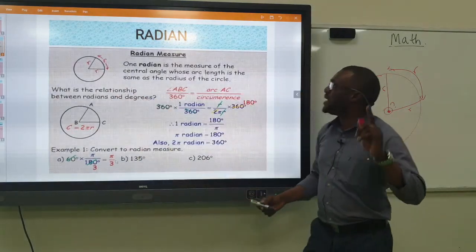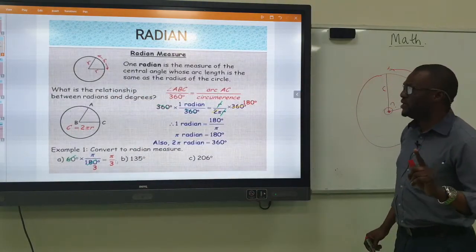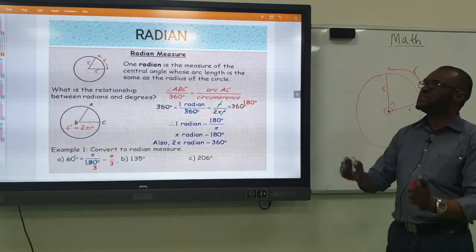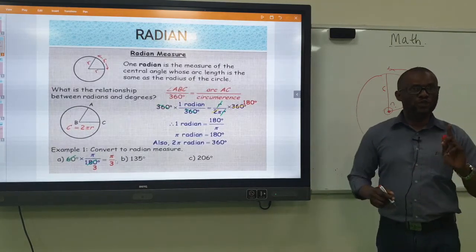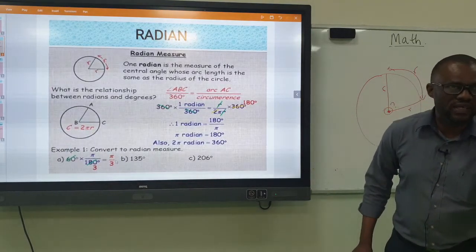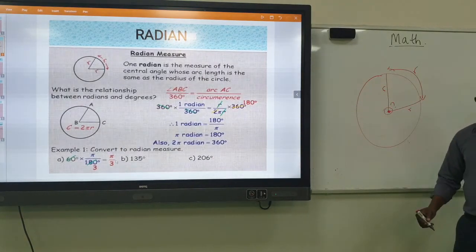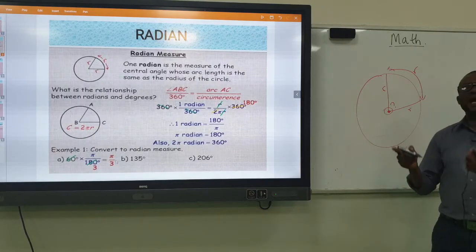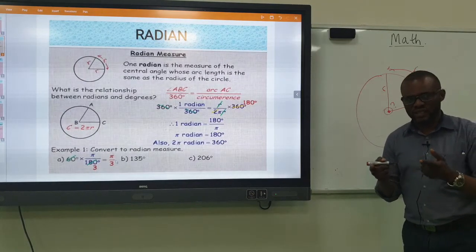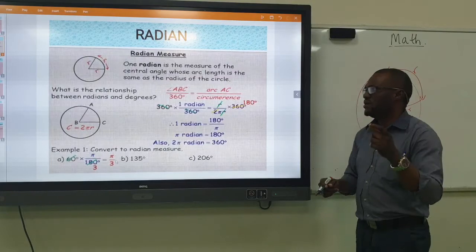So you apply that concept in such a way that the length of arc is the same thing as the radius of circle. If you have that, you have 1 radian. So the concept for 1 radian is the length of the arc must be the same thing as the radius of the circle, which is very, very important, please.